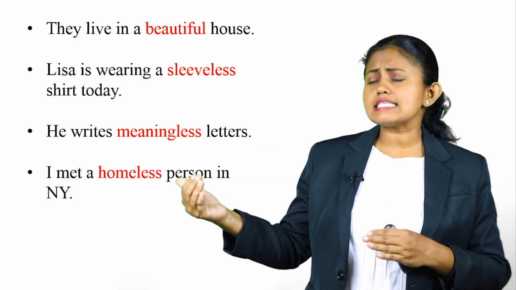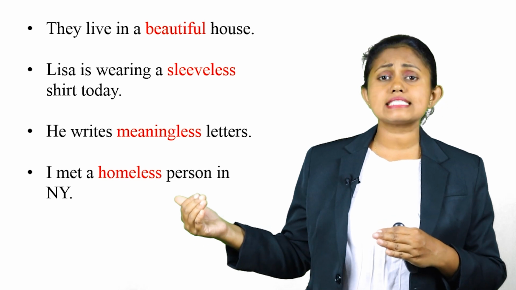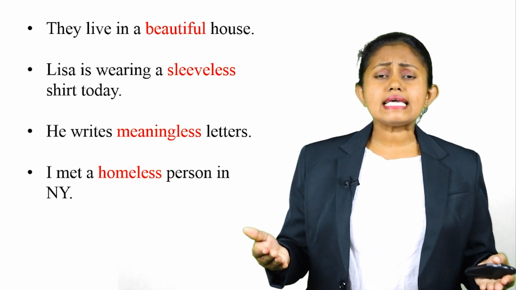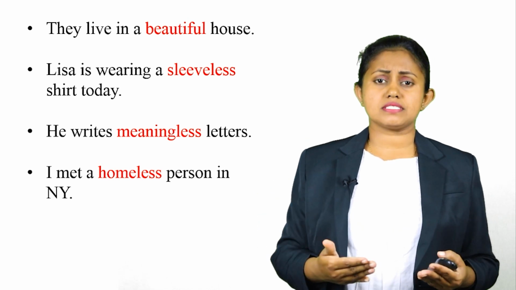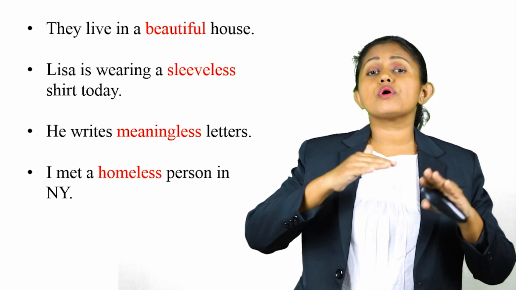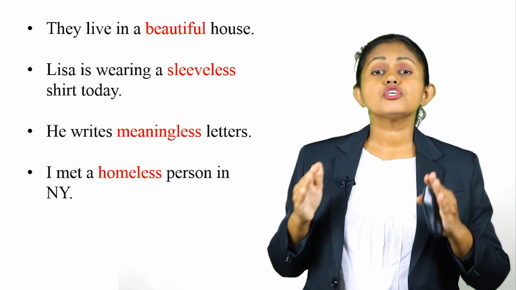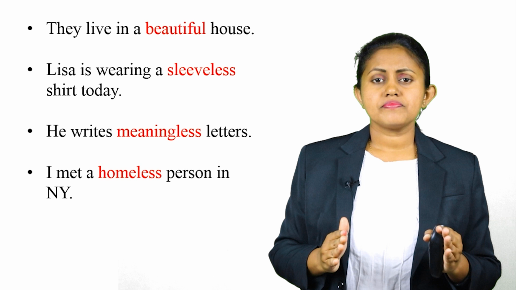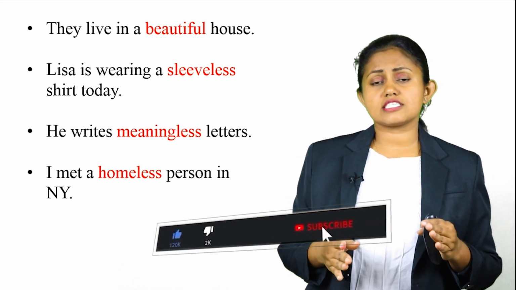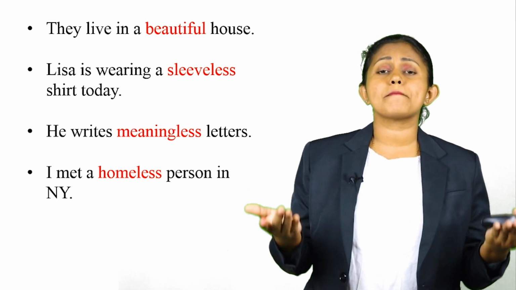Here the noun is person and that noun is described by the adjective homeless. He is not just a person, he is a homeless person. So like this, you can add more information or more colors to your sentences using these adjectives. I think that you got a clear idea on what adjectives are. Let's learn more on these adjectives from our upcoming videos.